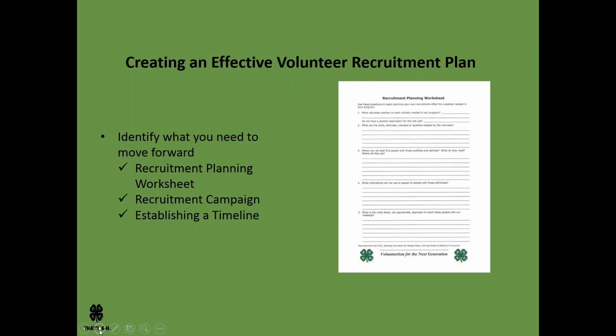We launch our campaign, we put out the social media information, and make the entire community aware of it, which also creates great awareness of what's happening in the 4-H program locally. Then have a timeline so that you're very organized and succinct, and you have a plan for following up with those new volunteers.